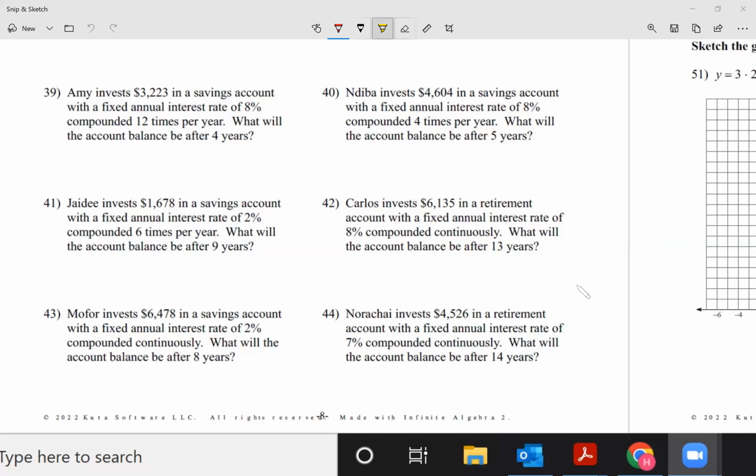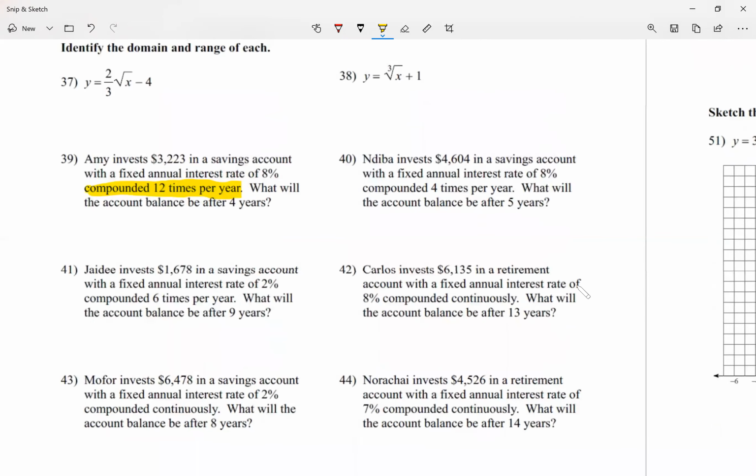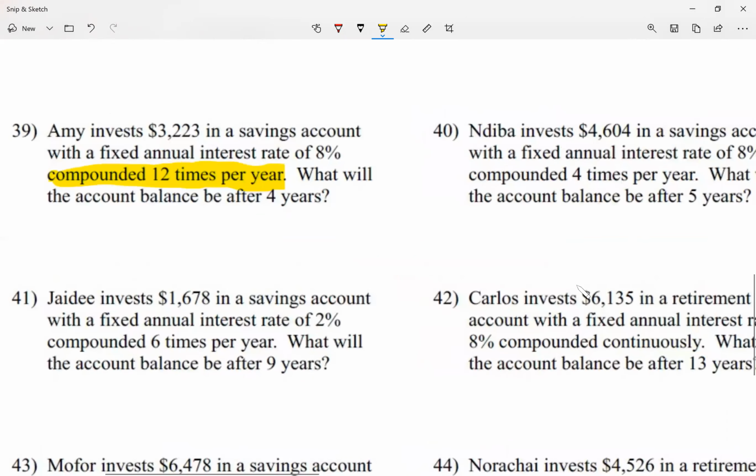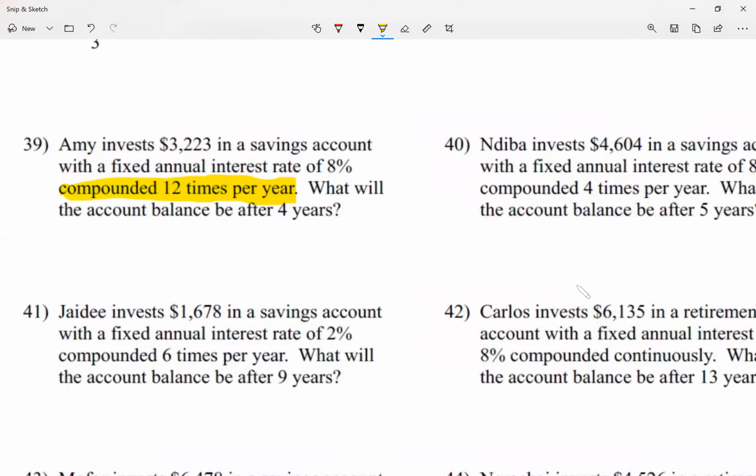For example, here I have one that says compounded 12 times per year. When you borrow from the bank, it gets compounded every month. You have to pay interest every month.